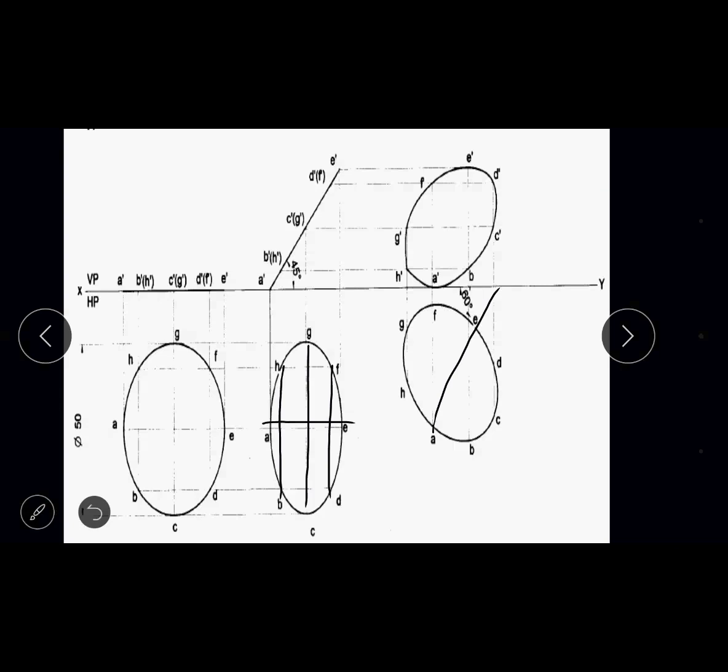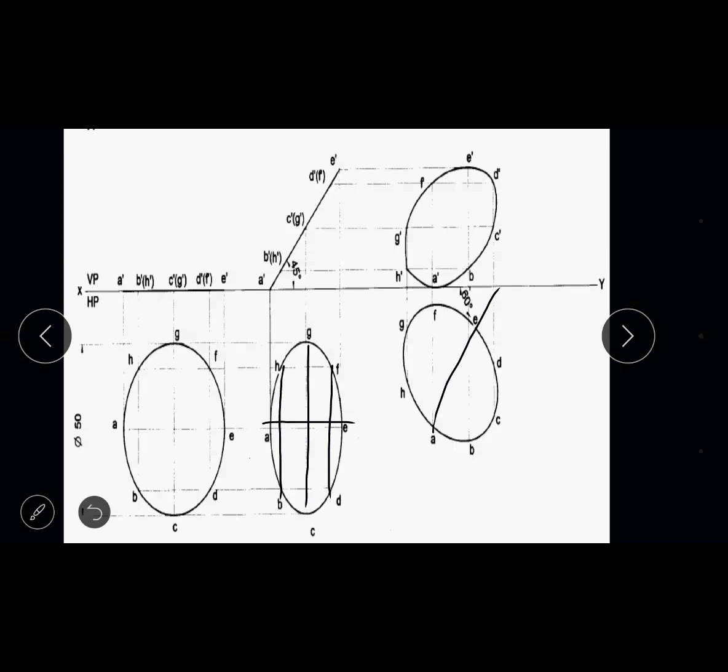Another vertical line, I'll just highlight this line FD, and then another line G to C, and then another line H to B. So these are the three vertical lines you find along this diametral line AE: vertical line FD, vertical line GC, and vertical line HB.